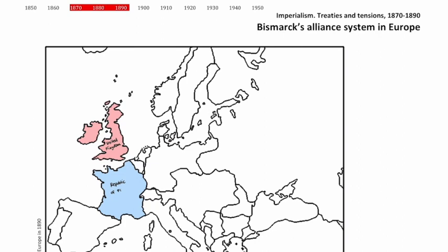So while the United Kingdom, Great Britain, was a kingdom, reigned by a king and a parliament, France was a republic without a king after the defeat by the German troops in 1871. So it was the third French Republic, and the Emperor Napoleon III had to leave the country.